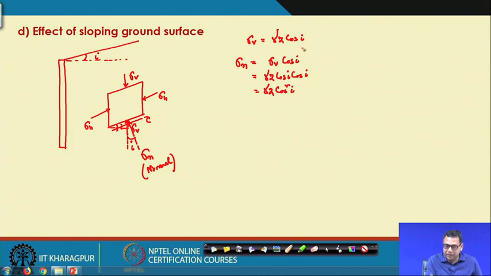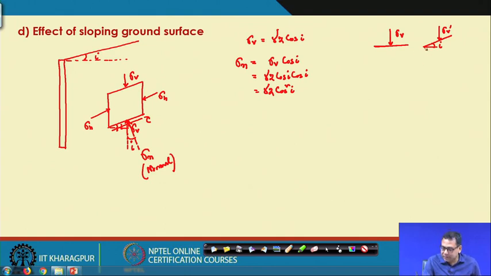Now, how is sigma v equal to sigma z cos I? Because in the previous case, when your plane was perfectly horizontal, we were taking that as sigma v. Now, your plane has changed; it is making an angle I. So, now say this is sigma v dash. For this plane we are applying the same force.